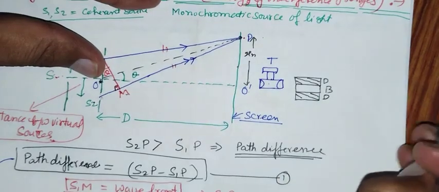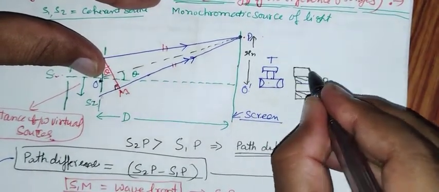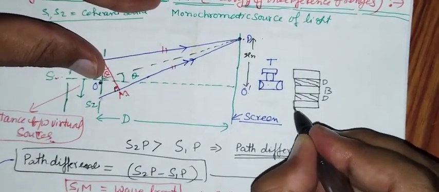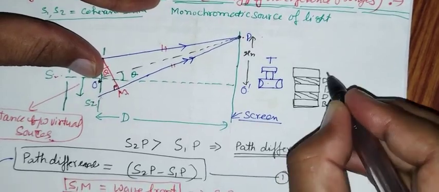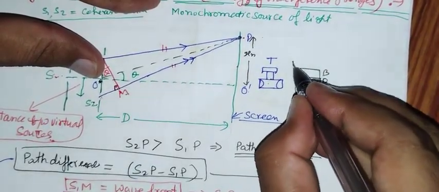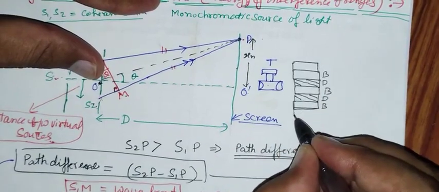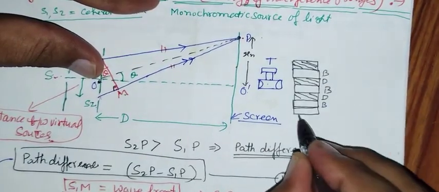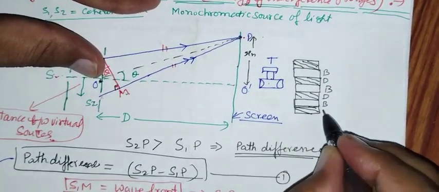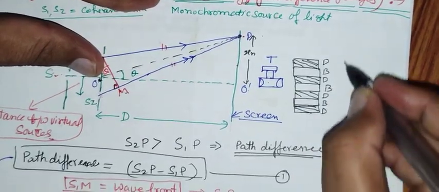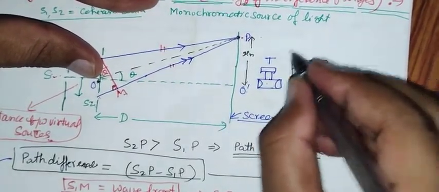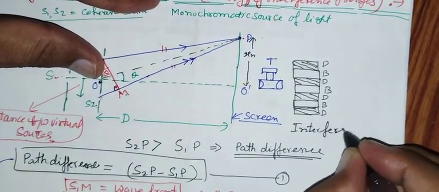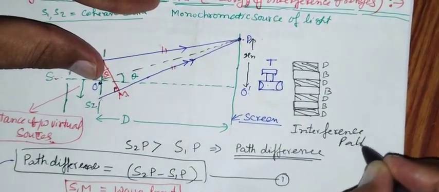Dark, dark. Thereafter again bright, bright, of the same width. The width will be the same. Then again dark. So alternately bright and dark fringes are formed, and this pattern is called the interference pattern.